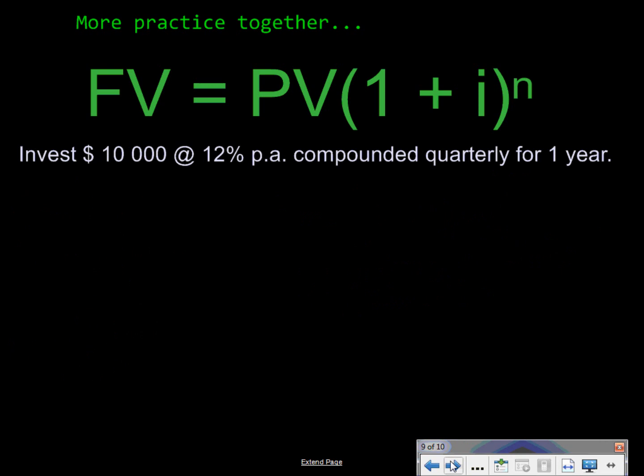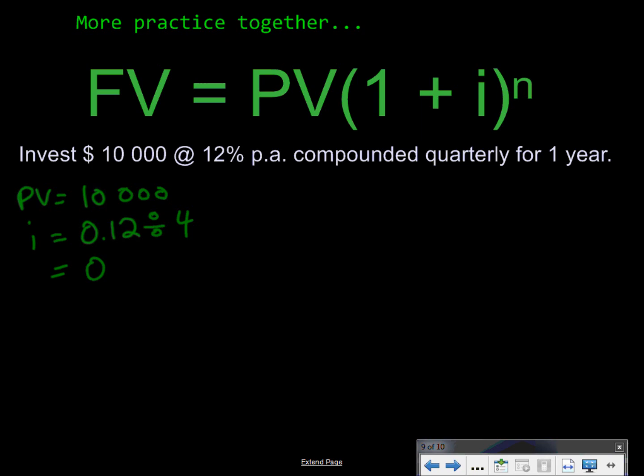Okay, you have seen these before, so I'm going quicker through them, okay? You've seen these types of questions. So here, we're investing. Our present value is $10,000. Our interest is, again, 12% as a decimal divided by 4, compounded quarterly. Quarterly is 4 times a year. So would you still need to do an exponent?